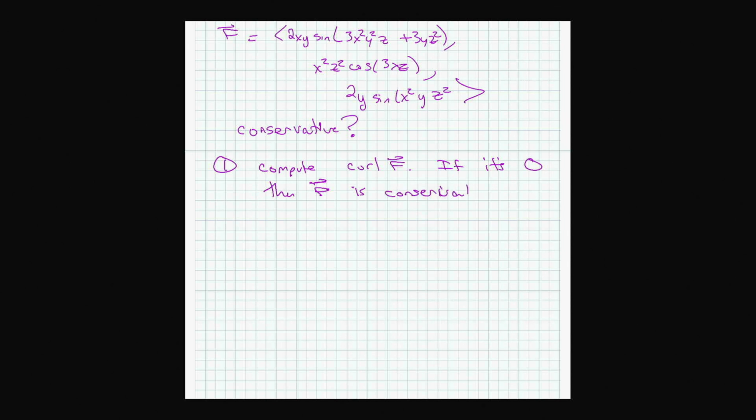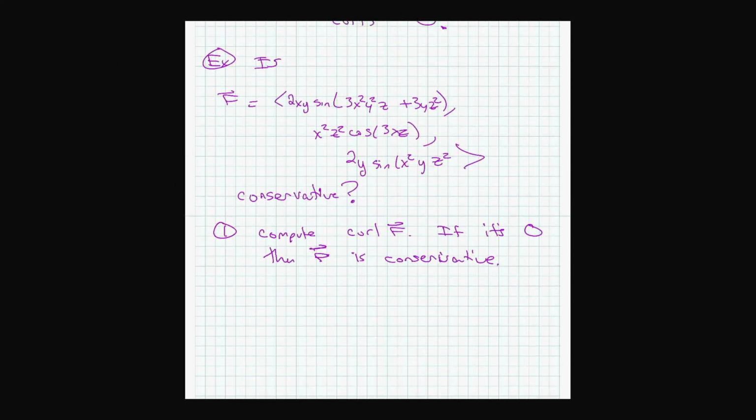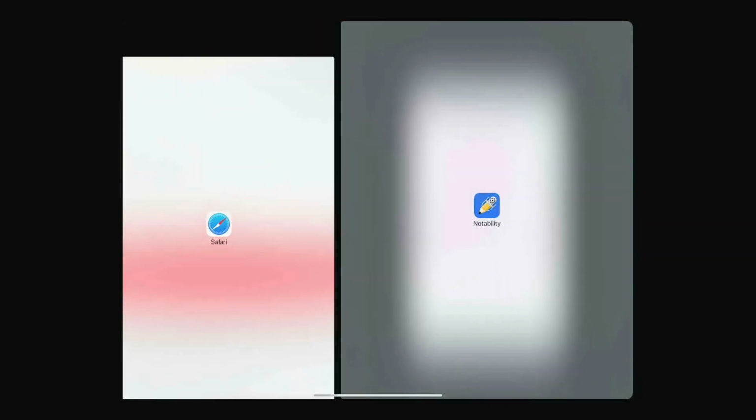Very simple conceptually. What's annoying is that you have to take the derivative of this with the product rule and stuff. So I'm not even going to do that. I'm just going to use a computer because we have not used a computer today.